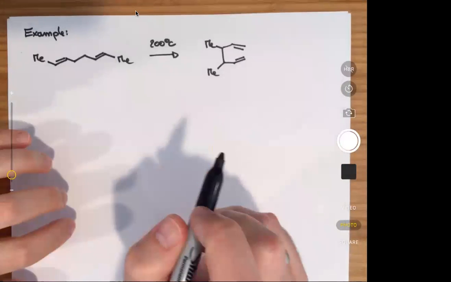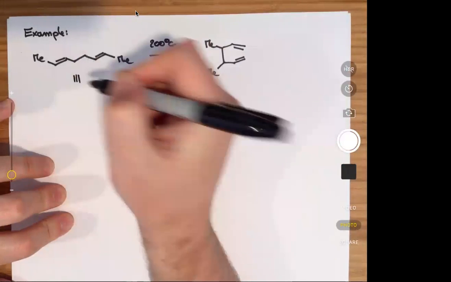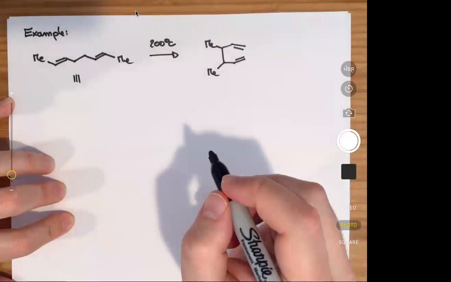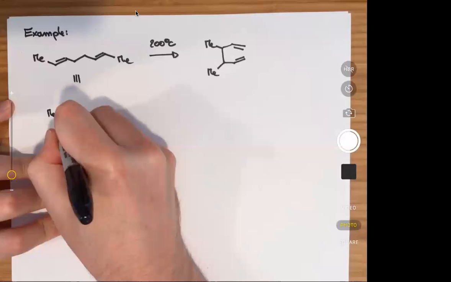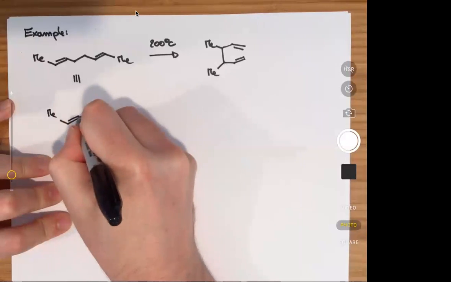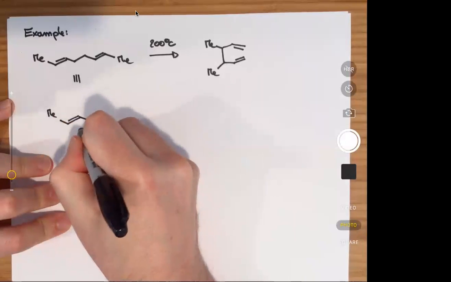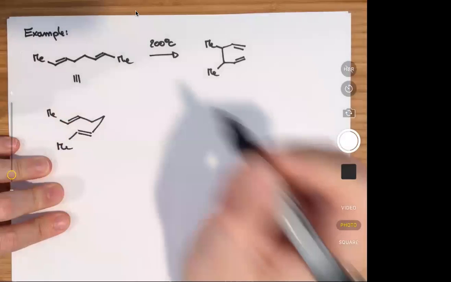Now, in order to figure this out, the best way is to redraw this structure already in the form of a six-membered ring transition state. So if we start out with methyl, so this goes down, and then double bond, methyl like this.